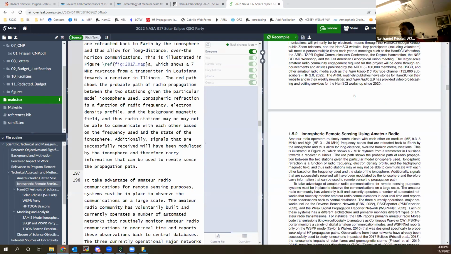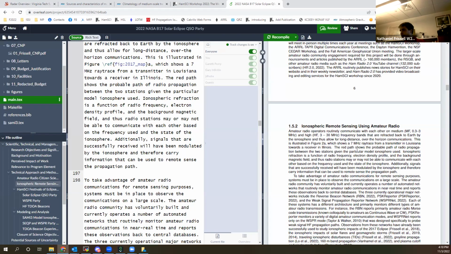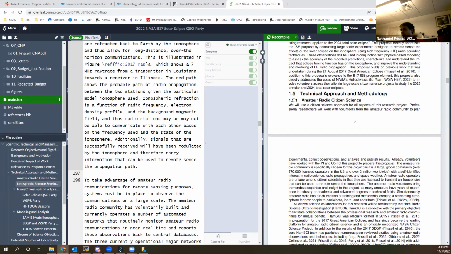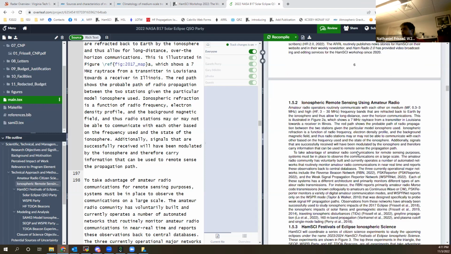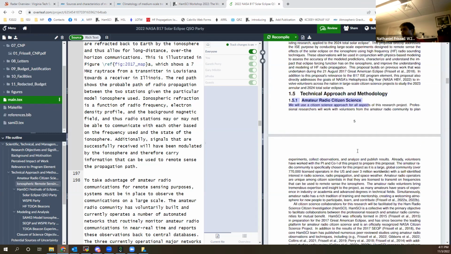So yeah, I'm hesitant to get rid of this because this paragraph is supposed to talk about the amateur radio community, and this section's supposed to talk more about amateur radio science, the remote sensing techniques. Maybe I'm able to combine these two sections together?